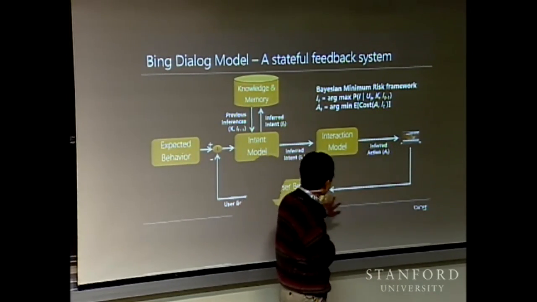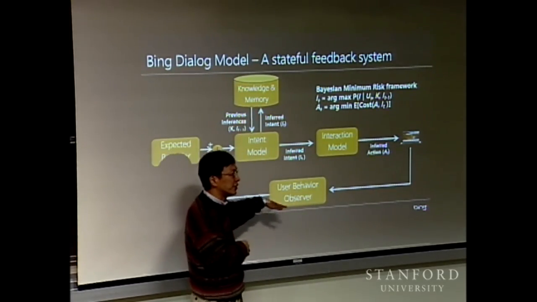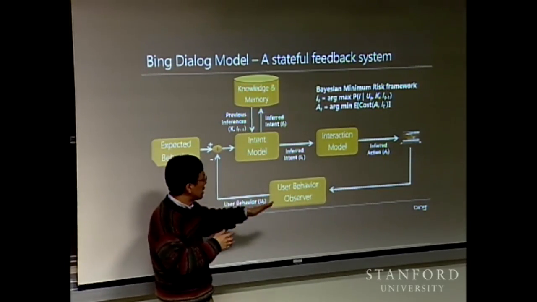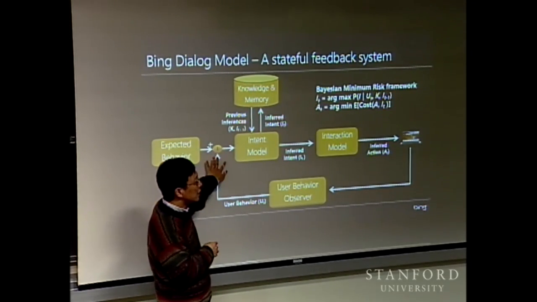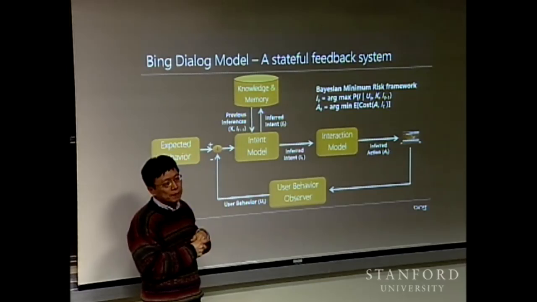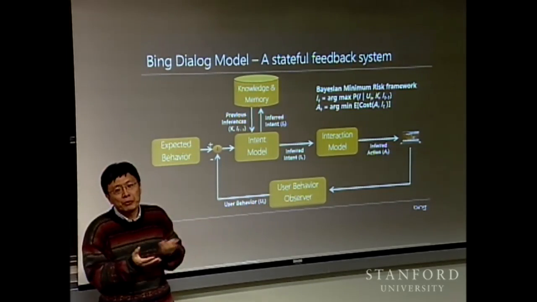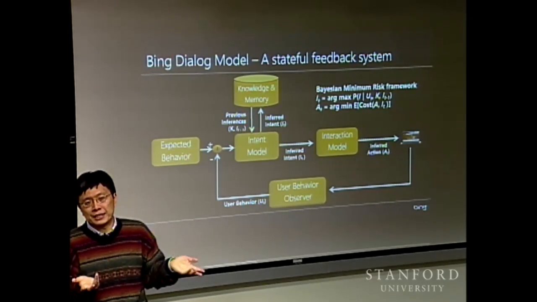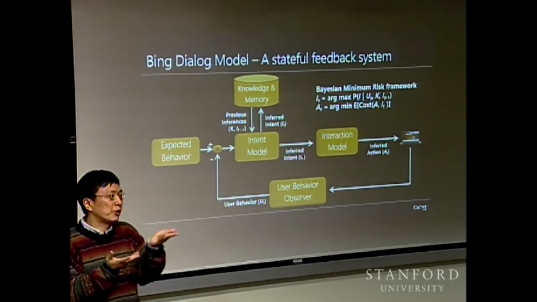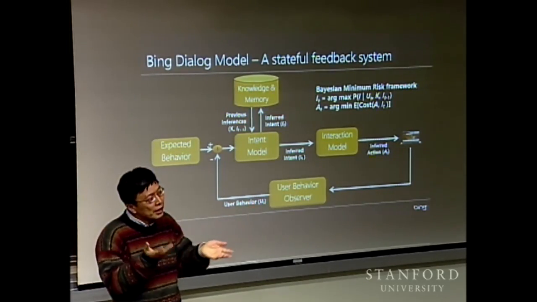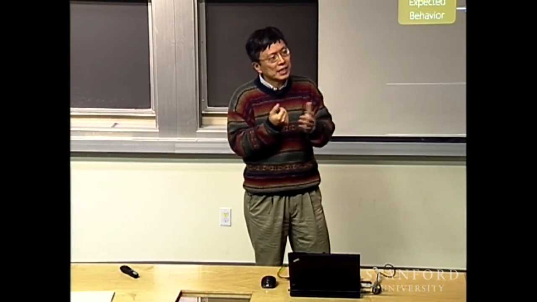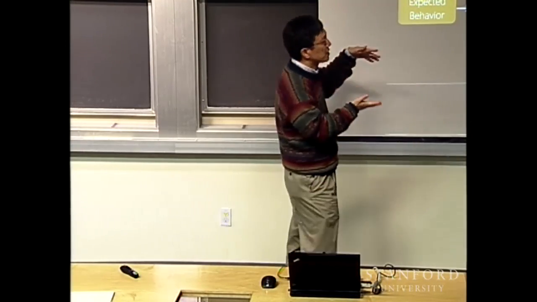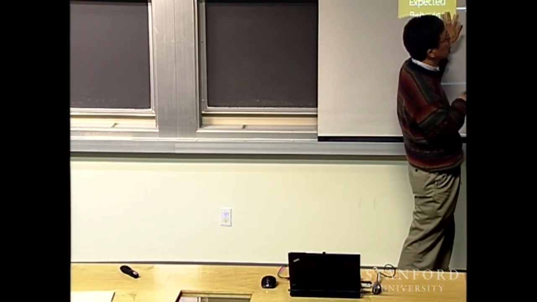Then we log the user behavior, from clicks to browsing to other things. Then we come back and we ask, did this feature really achieve what we actually want? For example, your number 1 result, you really want to have more clicks than number 2 results. If that's not the case, then you should think about it. Those are just very simple examples of how we look at this. So that's one main loop.